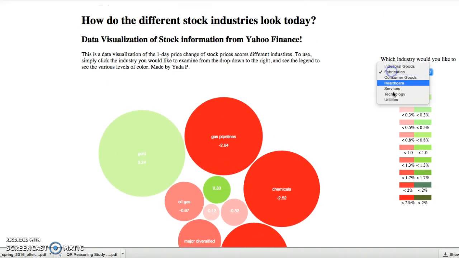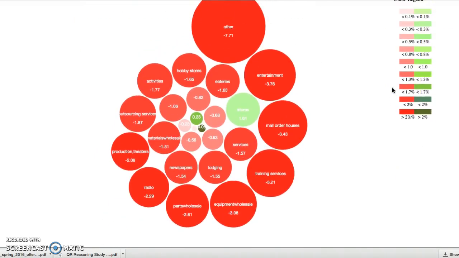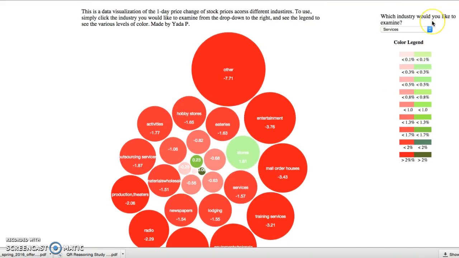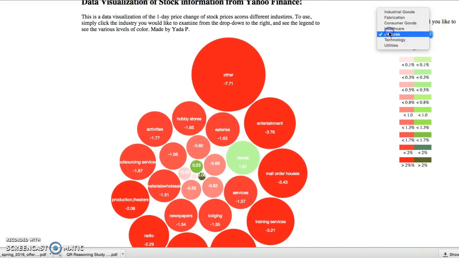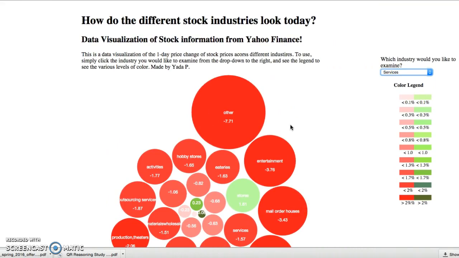And if we look at services, for example, we can see that almost all of the sectors in the industry are negative, and only a smaller amount of subsectors are positive, and the bubbles are smaller, which means that the sectors are positive to a lesser extent than the gold sector in the fabrication industry.